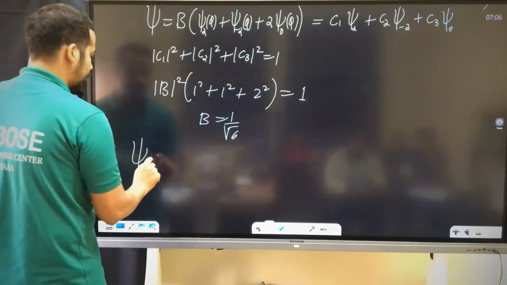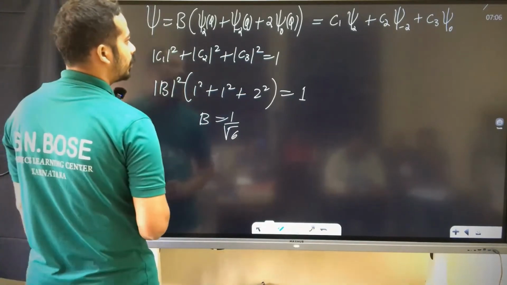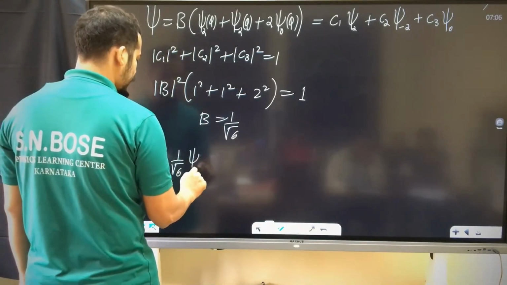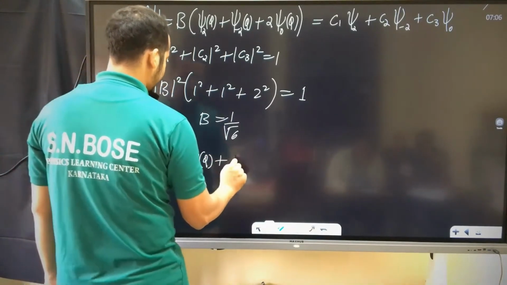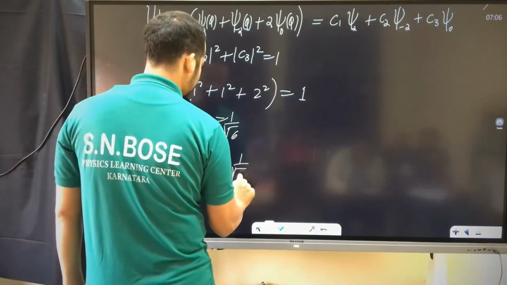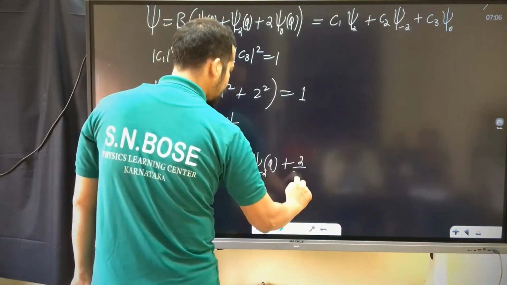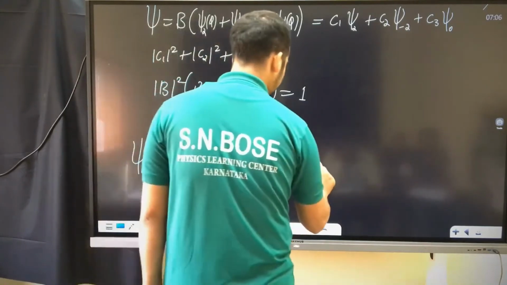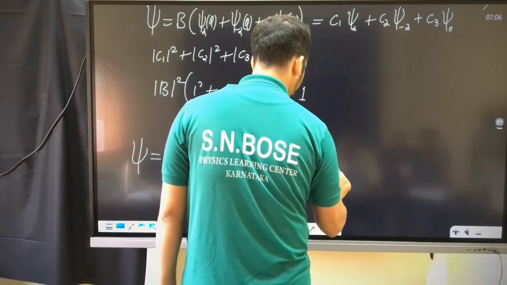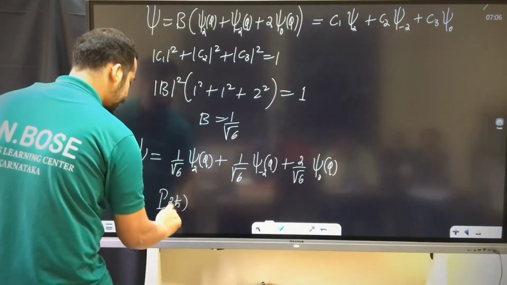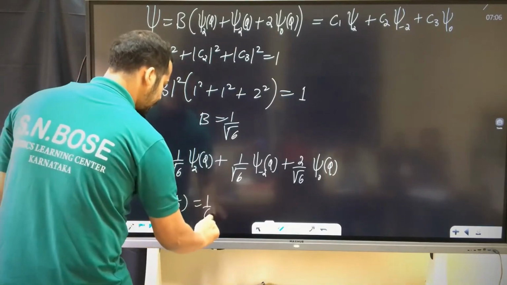That's why psi is equal to 1 by root 6 psi 2 of phi plus 1 by root 6 psi minus 2 of phi plus 2 by root 6 psi 0 of phi. Probability of getting 2 h bar is 1 by 6.